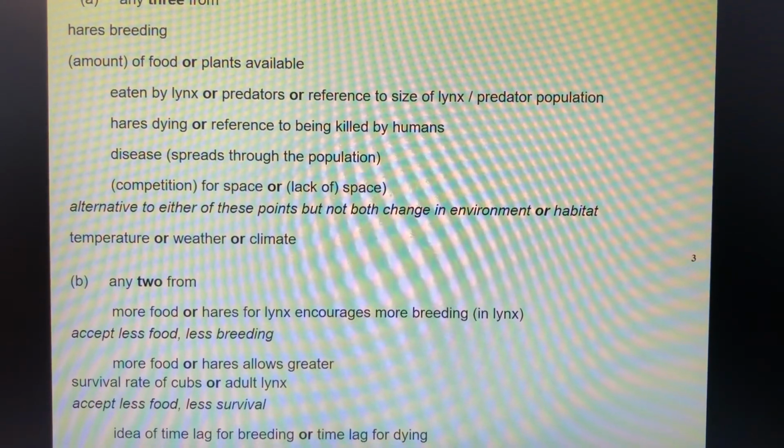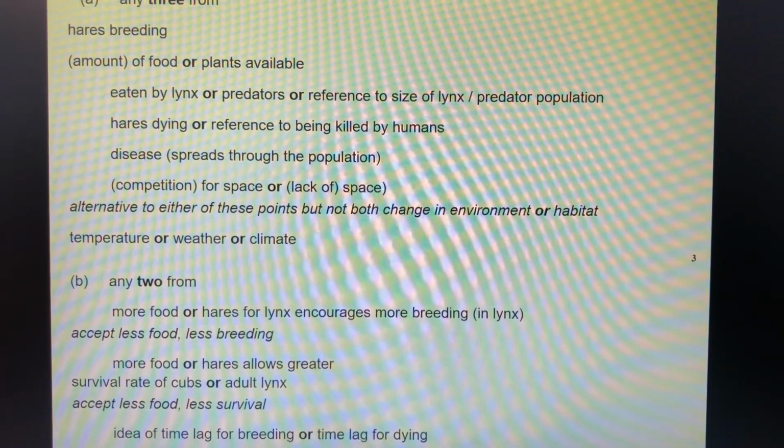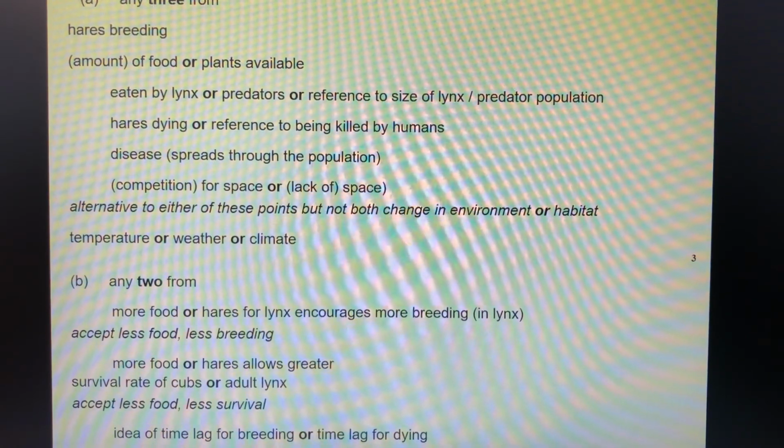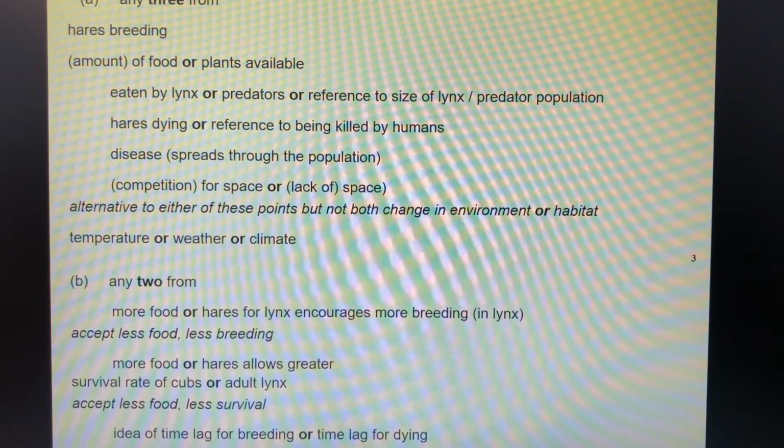And for part B, again, green penning please: more food or hares for lynx encourages more breeding. So if there's less food, there'll be less breeding. And if there's more food or hares, it allows greater survival rate of cubs, because obviously they've got the resources they need to survive.